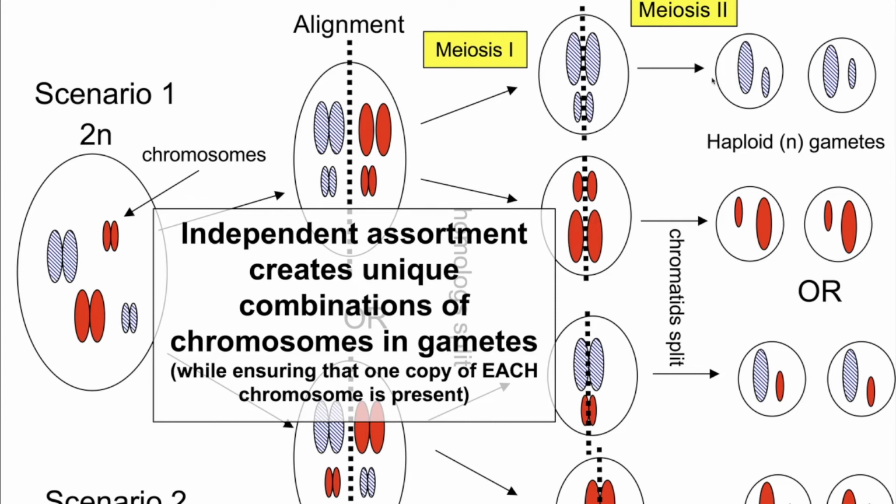So you can potentially get this combination, or you can get this combination here, depending on how these chromosomes independently assort at this step in meiosis. So how much variability can this independent assortment of homologous chromosomes at that step in meiosis produce?